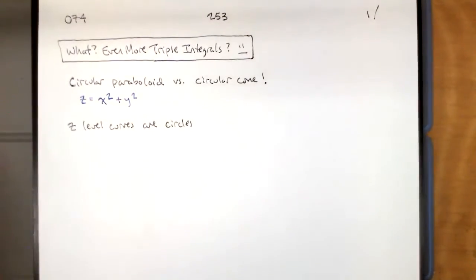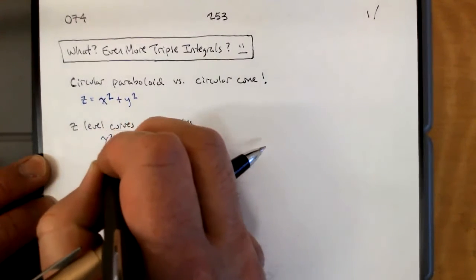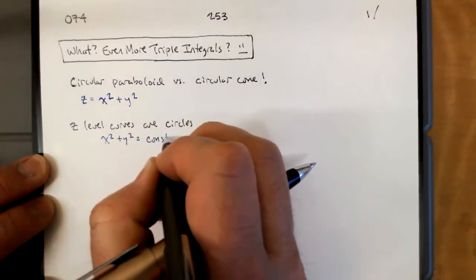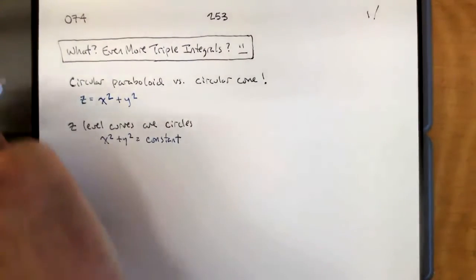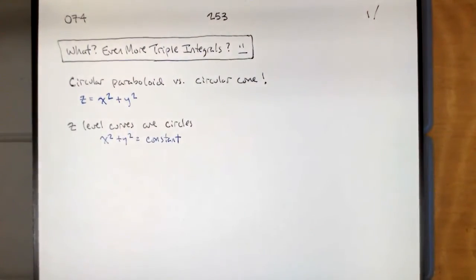The z level curves are circles, because it'll say x squared plus y squared equals constant. And our level curves in other directions will be parabolas.